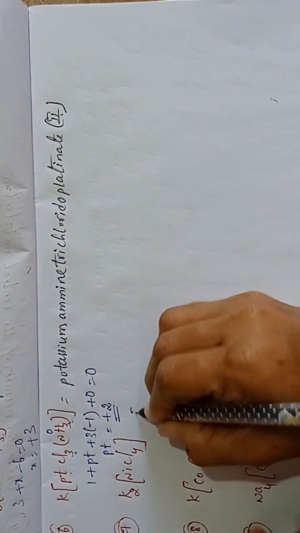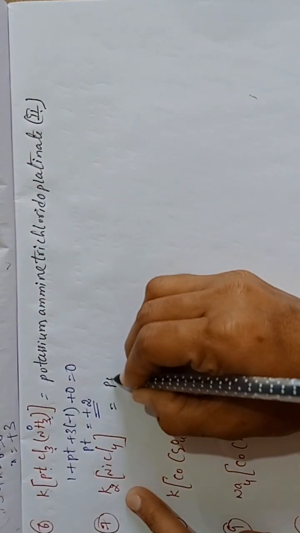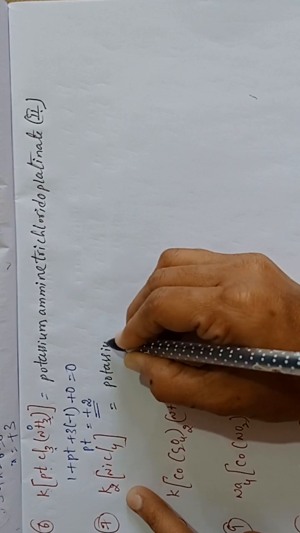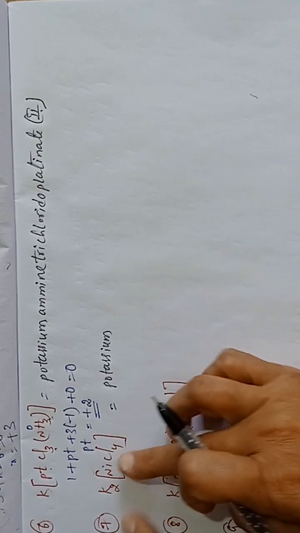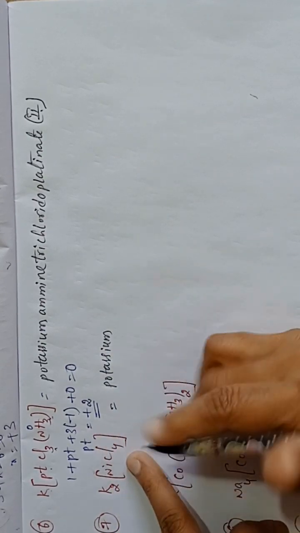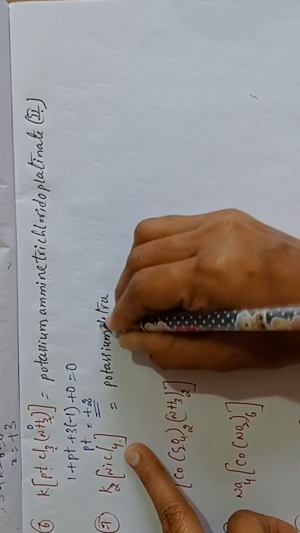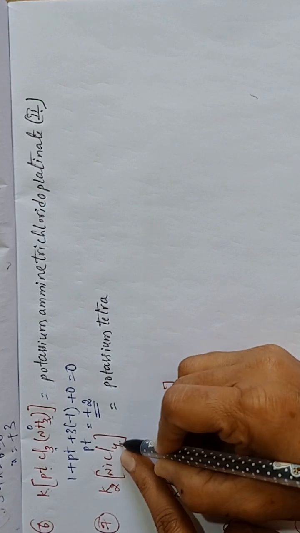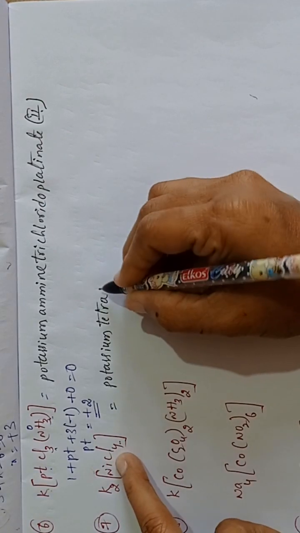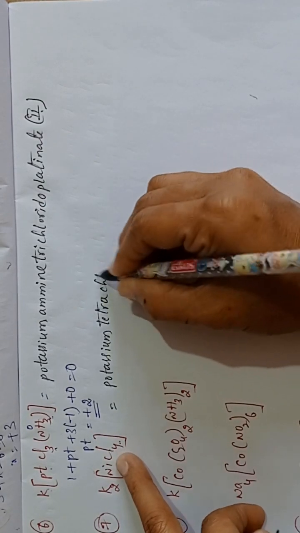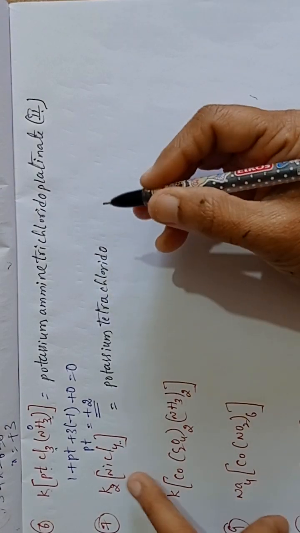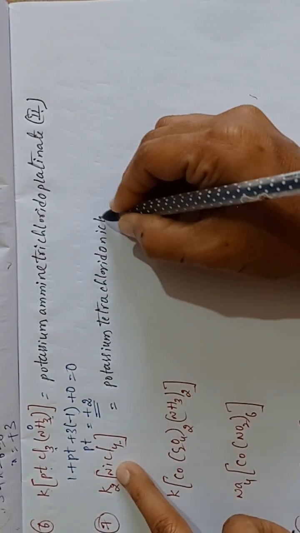Now see the next name. This is potassium. So first the cation name is completed. Now the anion name should be written. In the anion name, 4 chlorines are there. That means tetra. Number of ligands completed. Name of the ligand chlorine, chloride, chlorido. Correct? Chlorido. Nickelate. As it is, you should write nickel.